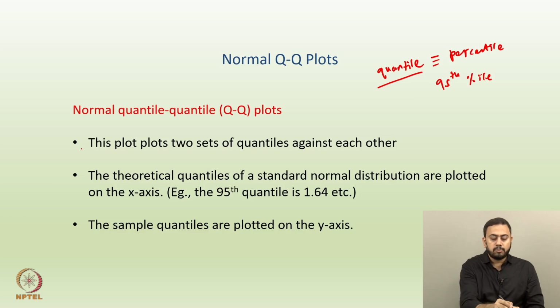So, what gets plotted in this particular normal QQ plot? Any normal QQ plot plots two sets of quantiles against each other.